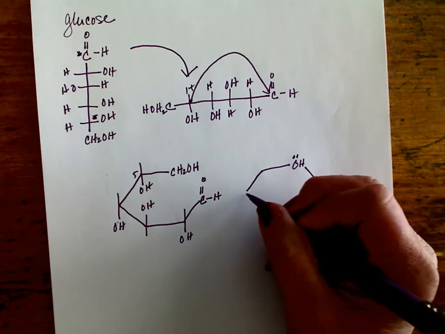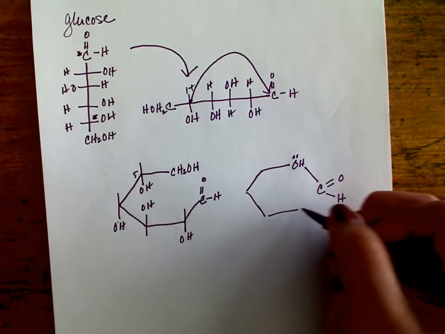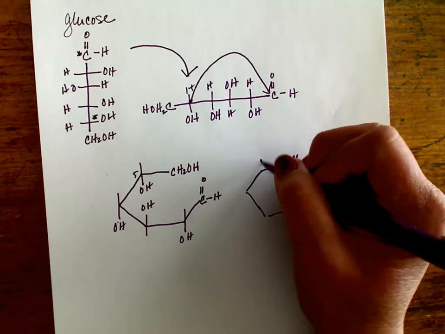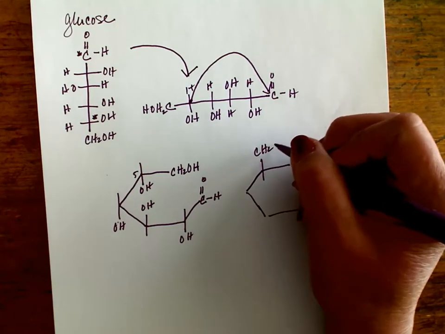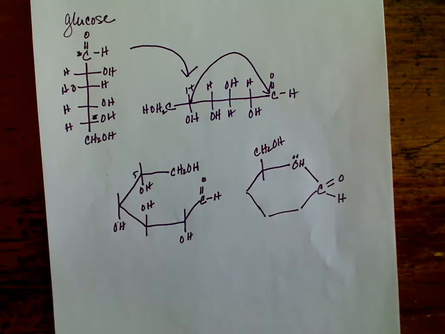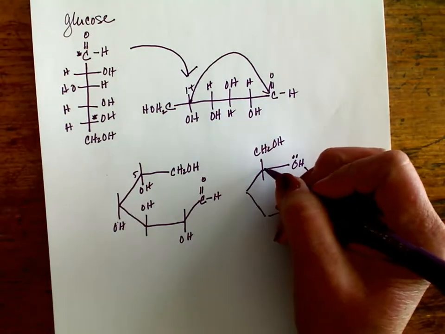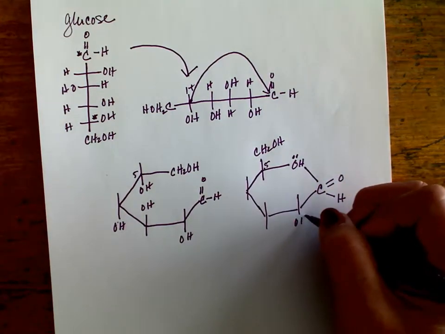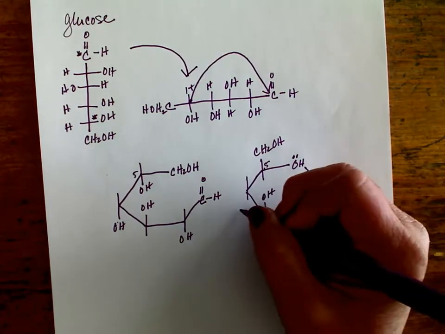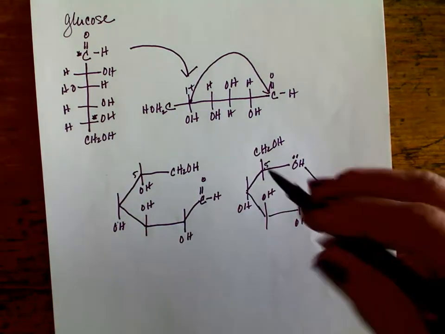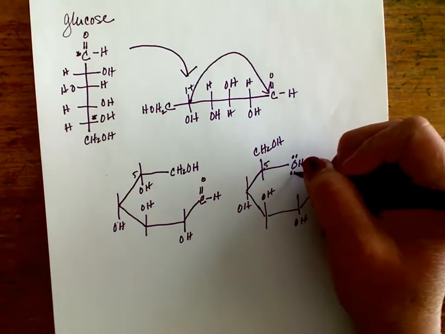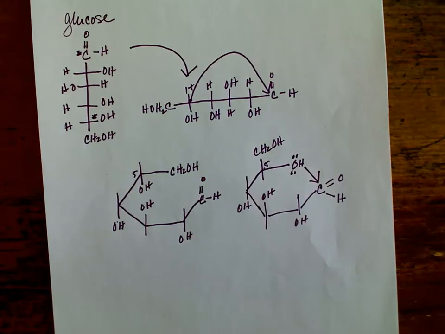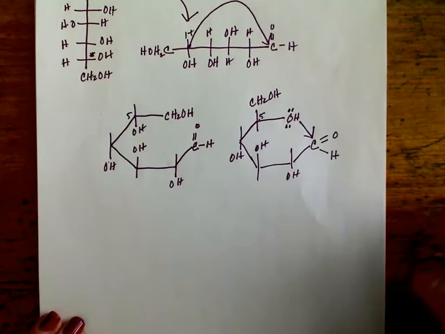So here's where that C6 ends up. This is C5. And we have that oxygen essentially attacking that carbon in the aldehyde head group.